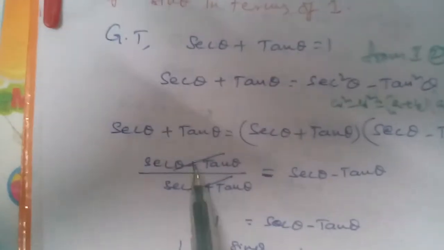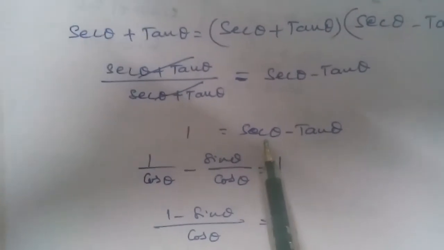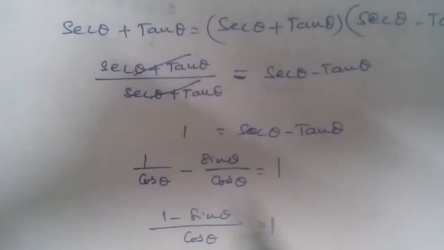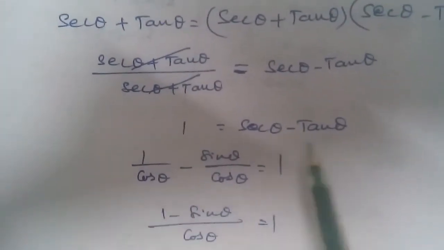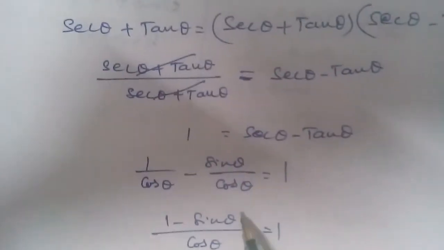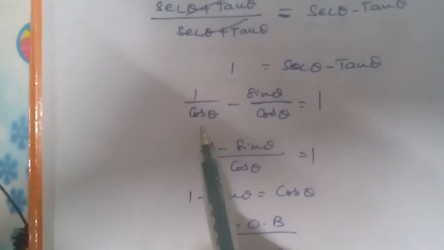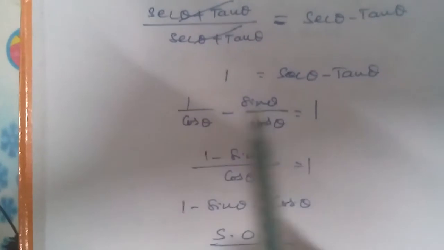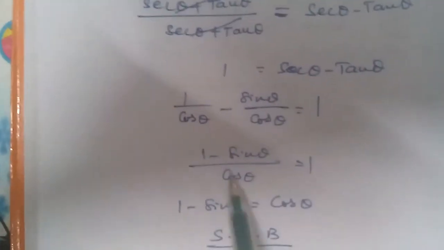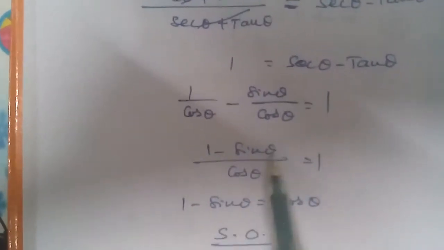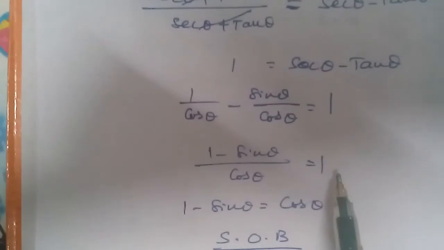Secant theta and tan theta both are cancelled, we will get 1. So now we are converting secant theta and tan theta. Secant theta is equal to 1 by cos theta, tan theta is equal to sin theta by cos theta. We'll have the same denominators. Now write the numerators: 1 minus sin theta by cos theta is equal to 1.